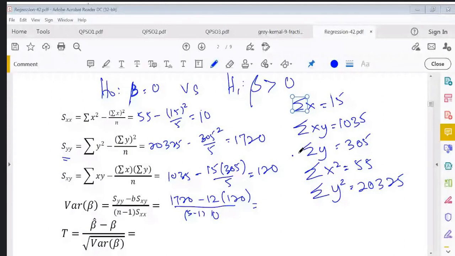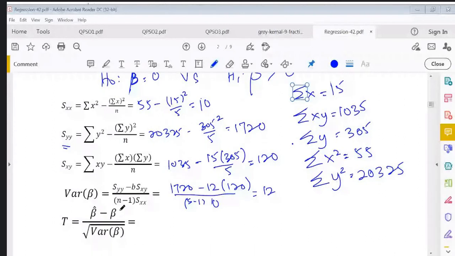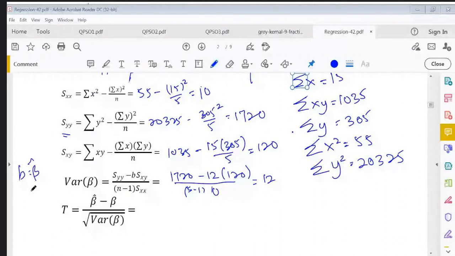Just put here, beta. Look here, what is beta? Beta hat is B. For this one, beta is 0, using the hypothesis. We just take the value here, beta is 0.